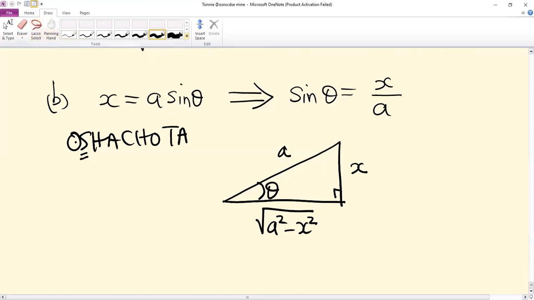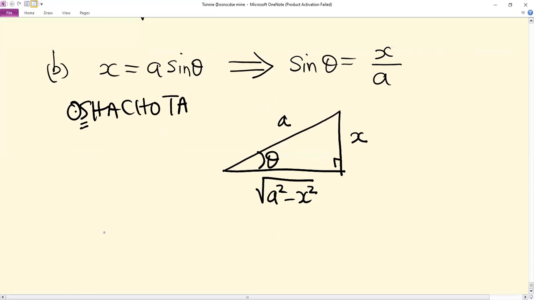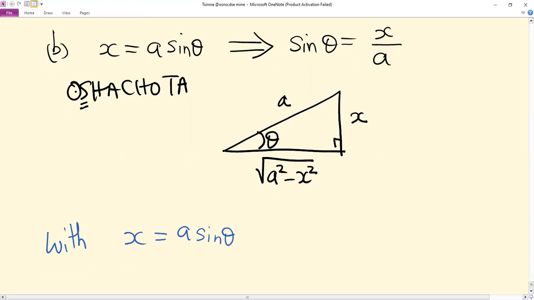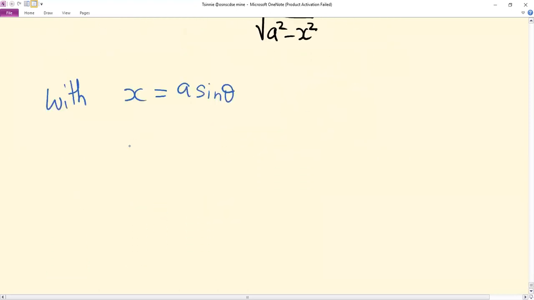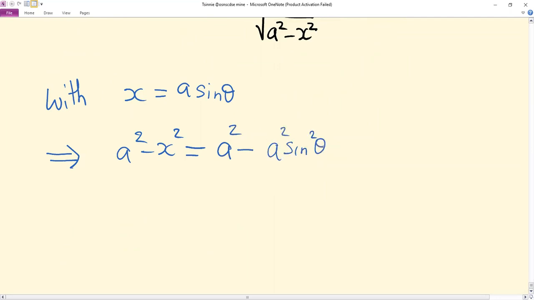So with this substitution, x equals a sine theta, it follows that a squared minus x squared is equal to a squared minus the square of this one, which is a squared sine squared theta.